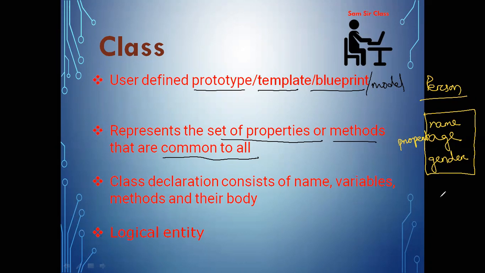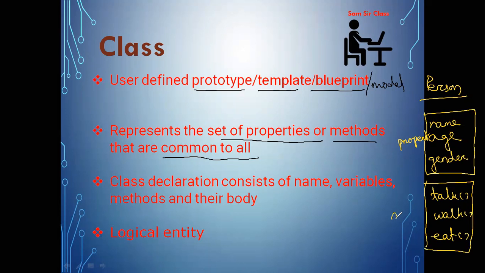After that I am thinking that a person needs to talk. Okay, it can work, it can eat, the minimum three things. Okay, so finally, by considering these properties and these actions, in total I am defining a person. So everything comes to my mind and I have written it on pen and paper.